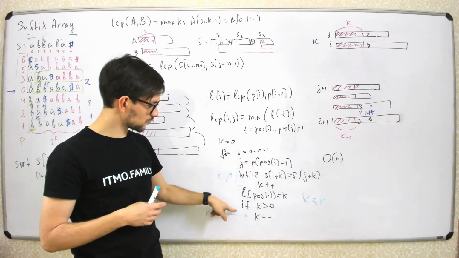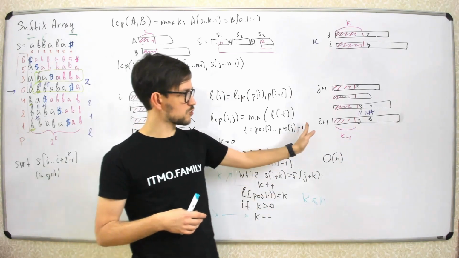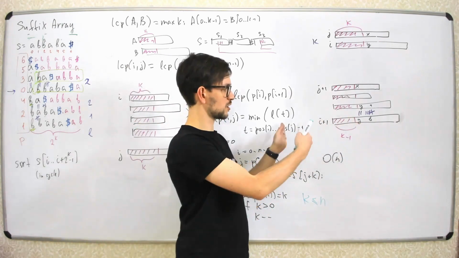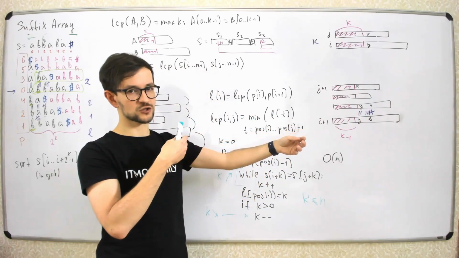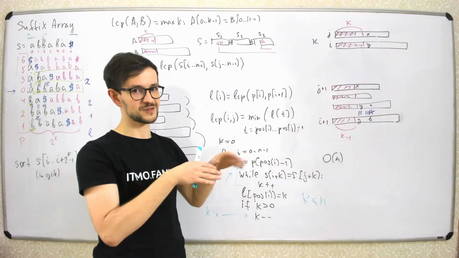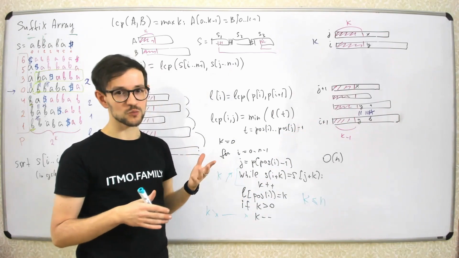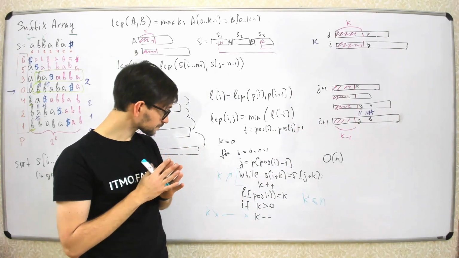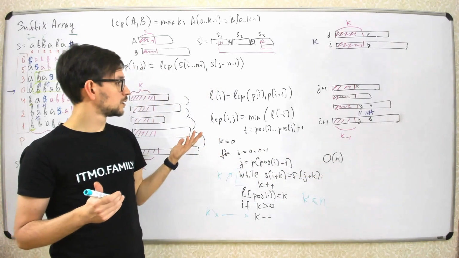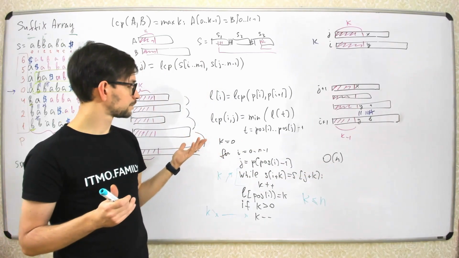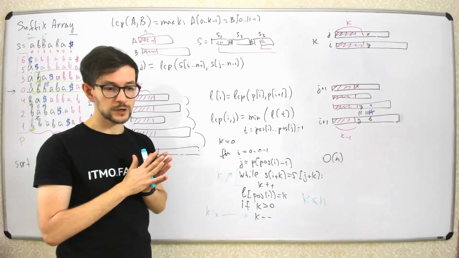After the end of this loop, we decrease k, so we remove the first letter. So this string of equal characters is growing to the right and shrinking from the left. So it's more like the two pointers method. So the total time complexity will be linear. Okay, I think that's all.